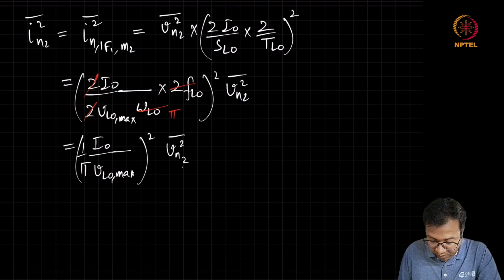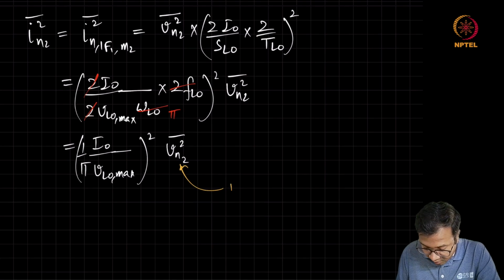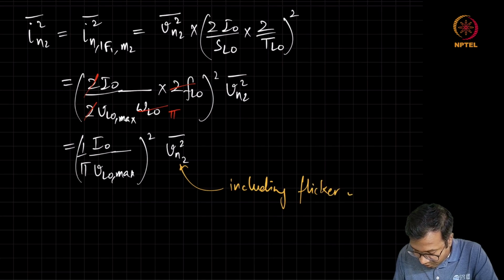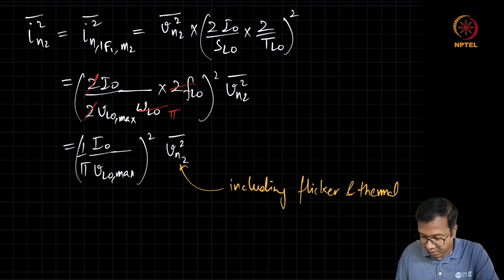And this includes both, okay, including flicker and thermal. So now we have got the noise PSD due to the M2.